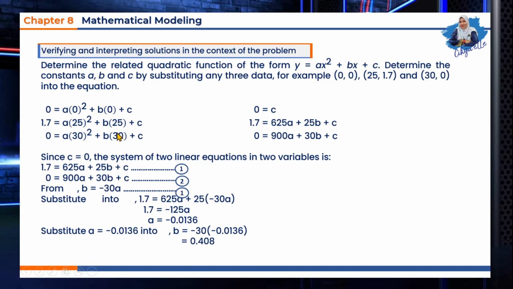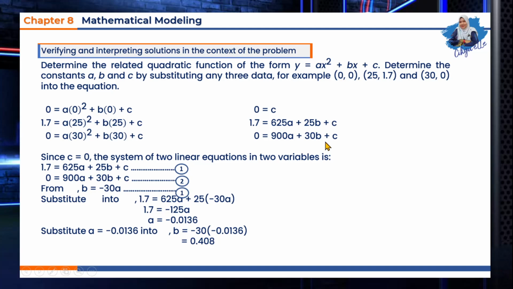Based on the third data, we substitute x is 30 and y is 0, and we get this equation. Since from the first equation c equals 0, the system of two linear equations in two variables is these two equations.